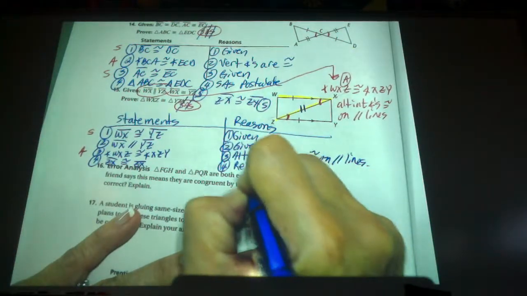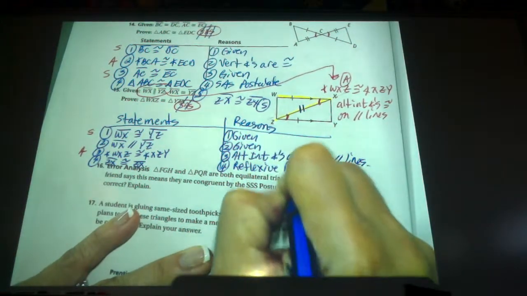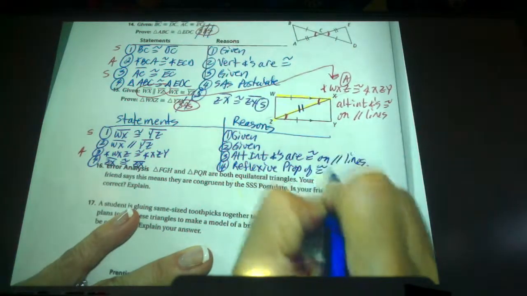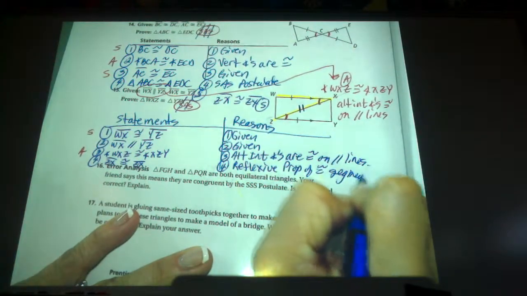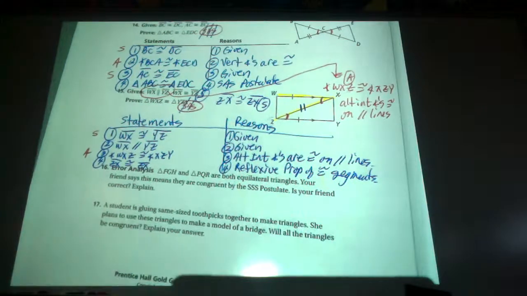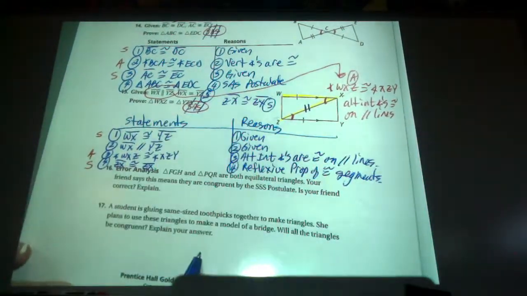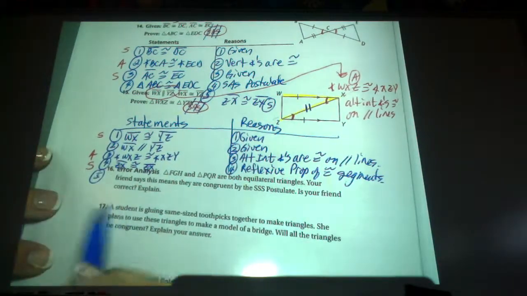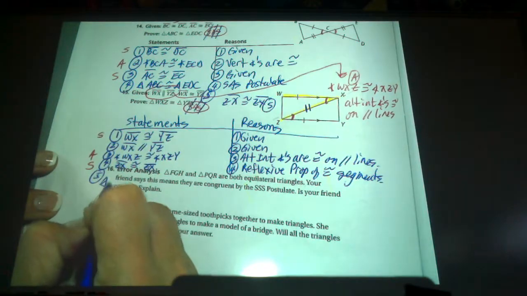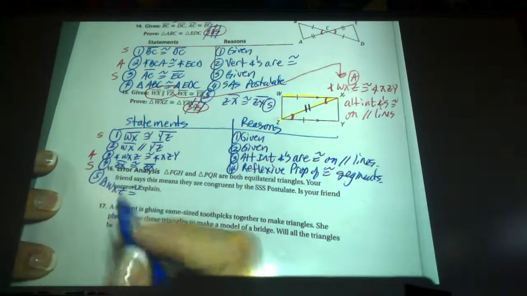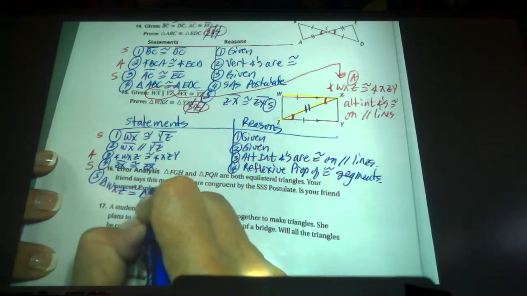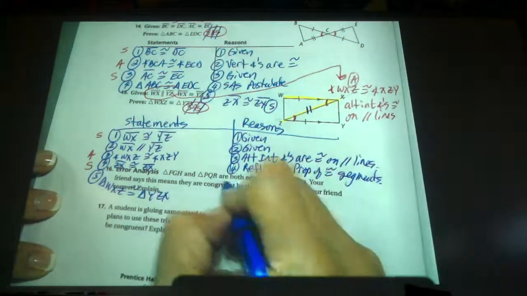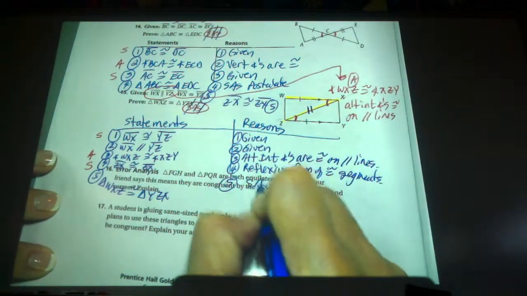So reflexive property of congruent segments. And so that gives me my S, my final S. What immediately follows from there? Yeah, so step 5, which I'm running out of room, so I'll just write down here. Triangle WXZ is congruent to triangle YZX. And the reason is SAS postulate.